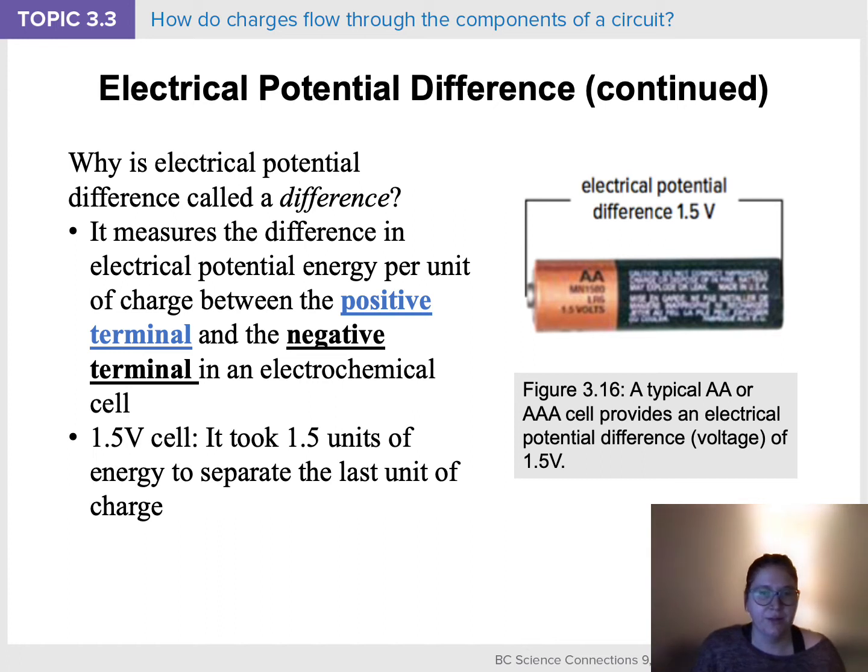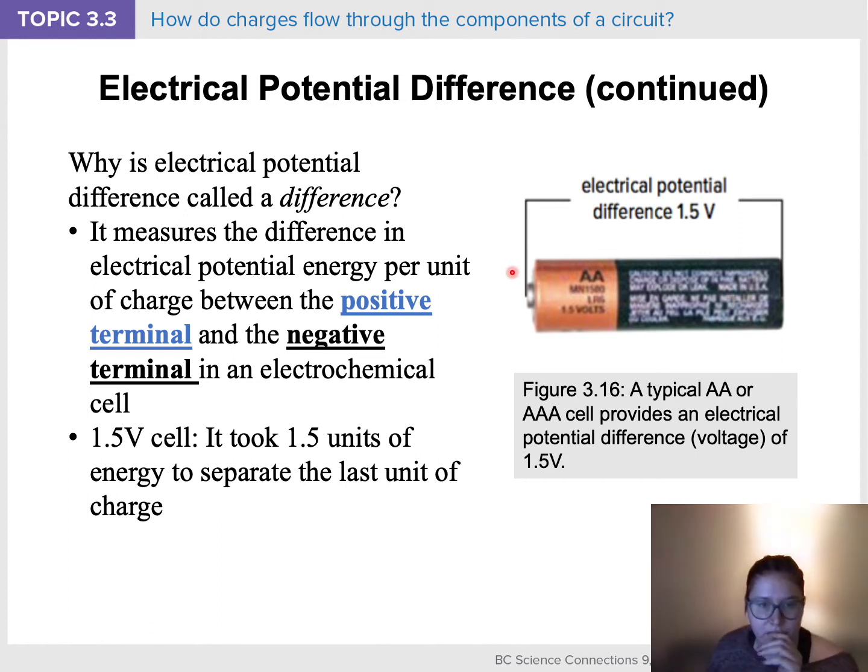So why do we call this the electrical potential difference? We call it that because it measures the difference in electrical potential energy per unit of charge between the positive terminal and the negative terminal in an electrochemical cell. So, for example, in a 1.5 volt cell, it takes 1.5 units of chemical energy to separate the negative charges and the positive charges.